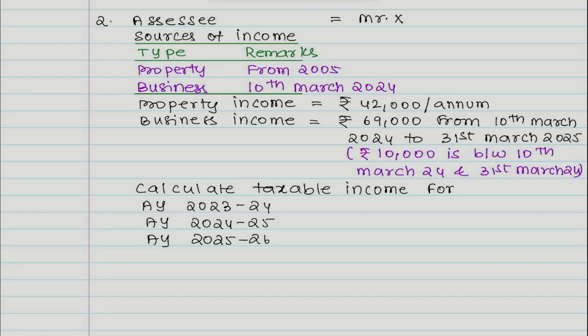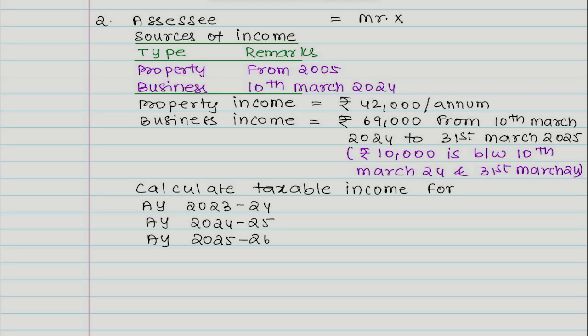Just now we read one question for the business: property income is an existing source, and business is a new source. For that, what is my previous year? 1st April 2023 to 31st March 2024 is a full financial year.